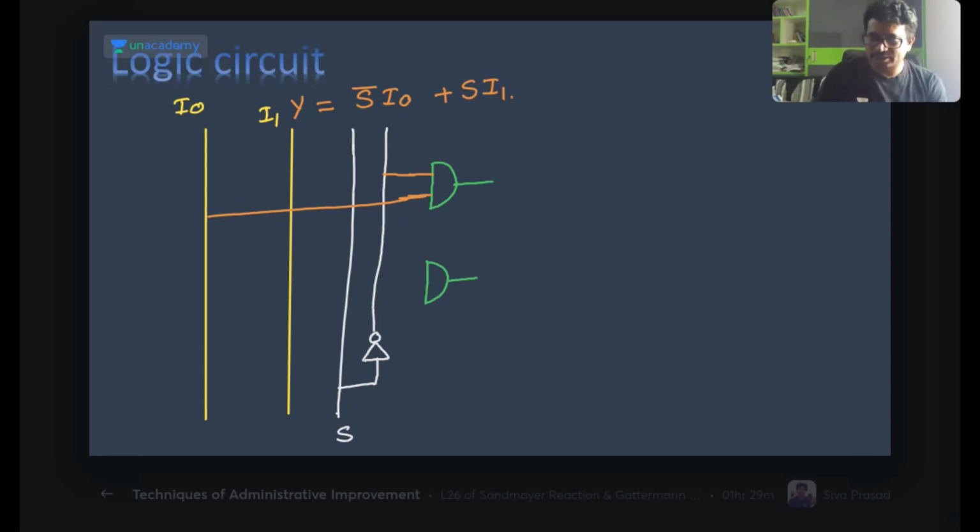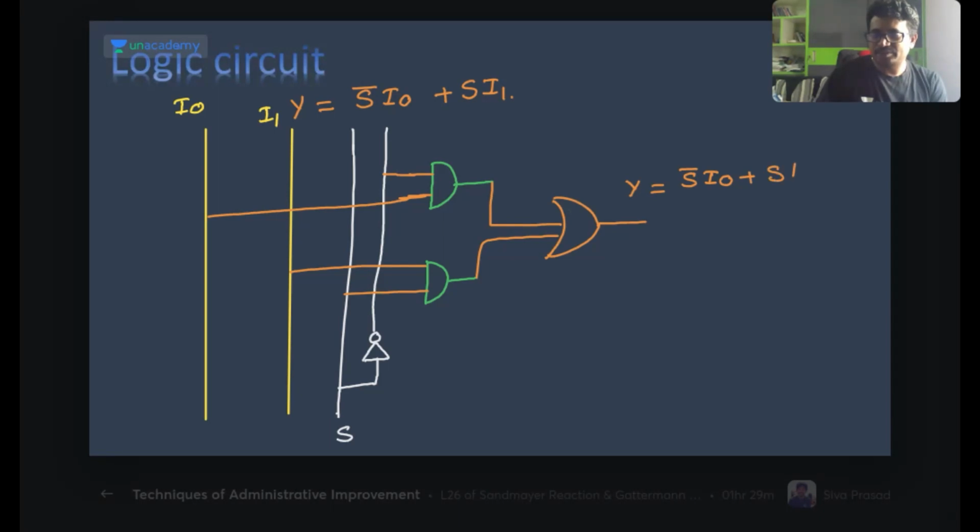Next, what? S into I1. So this is I1 and here is S. Now these two are passed to an OR gate like this. Then Y we will get now here. What is the Y I can get? This is equal to S bar into I naught plus S into I1.